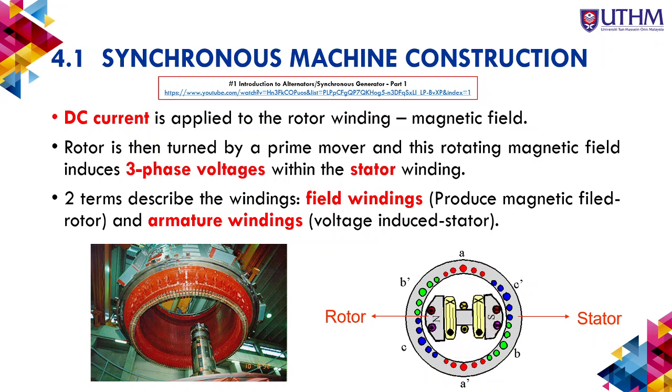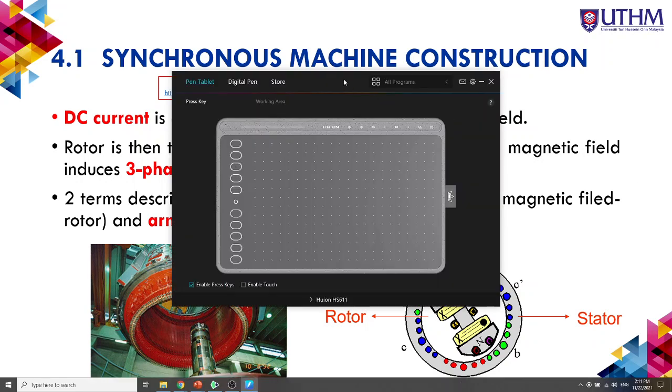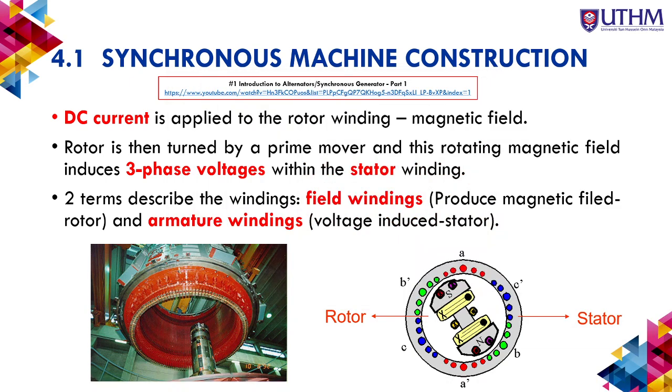In order to generate electrical power, first we must have the magnetic field. To generate the magnetic field at first, we must supply DC current to the rotor.